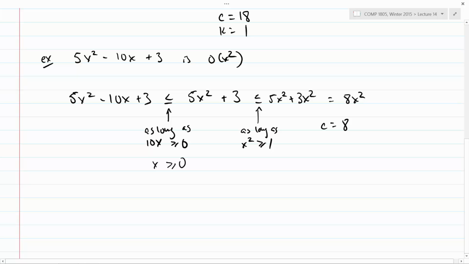And x squared is at least 1. What's that the same as? Right, it's x is at least 1. So if you say that x is at least 1, then that is satisfied and that is satisfied, because if x is at least 1, then it's certainly also at least 0. So that's why you look at the most restrictive thing. In this case, this thing here is the most restrictive thing.